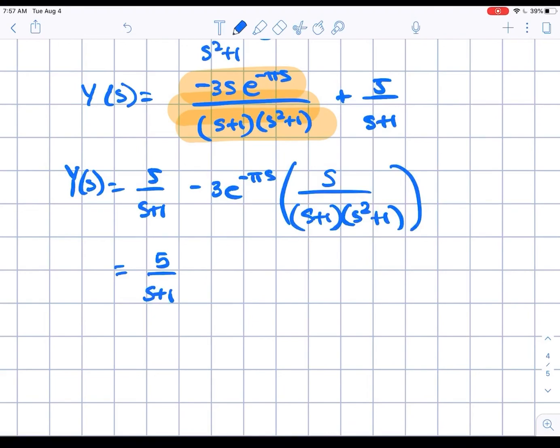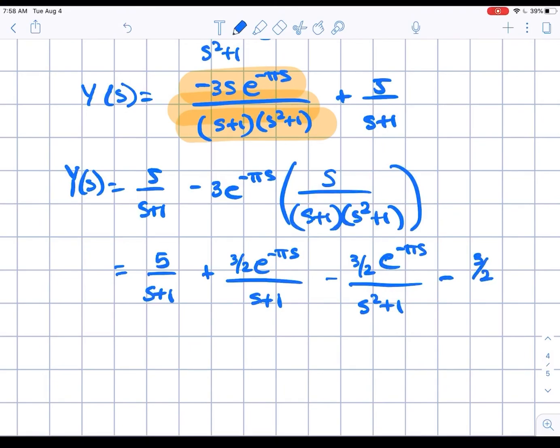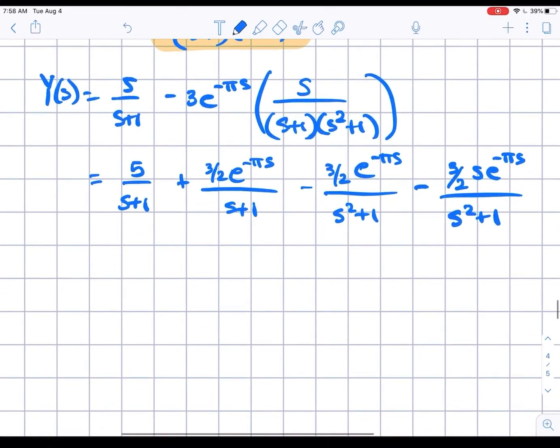So what happened was it wound up being a plus 3/2 e to the negative pi s over s plus 1, minus 3/2 e to the negative pi s over s squared plus 1, and then the last one was minus 3/2 s e to the negative pi s over s squared plus 1. So when you're going backwards from here and doing the inverse of each, the first one should be pretty easy because we know that's just 5e to the negative t.